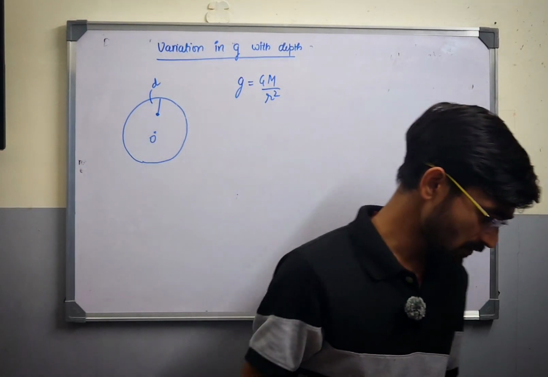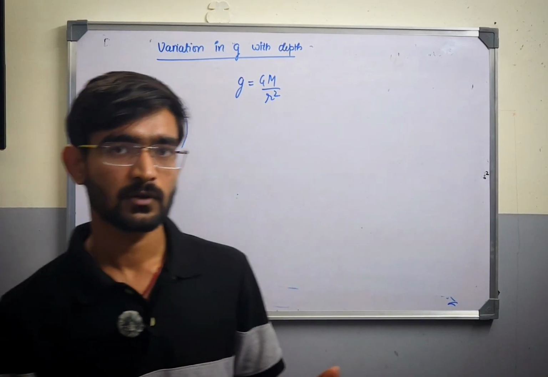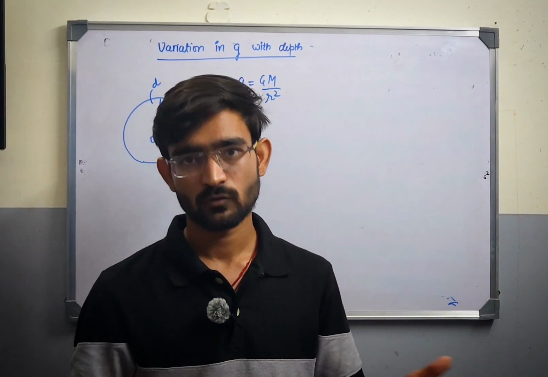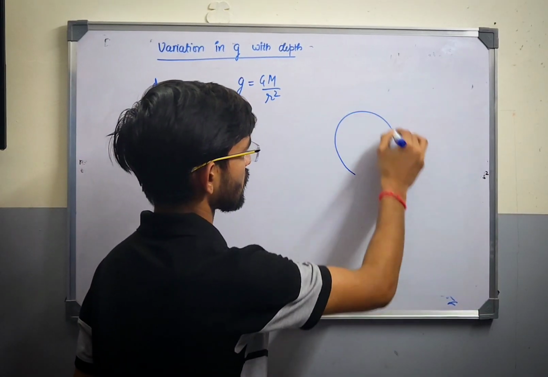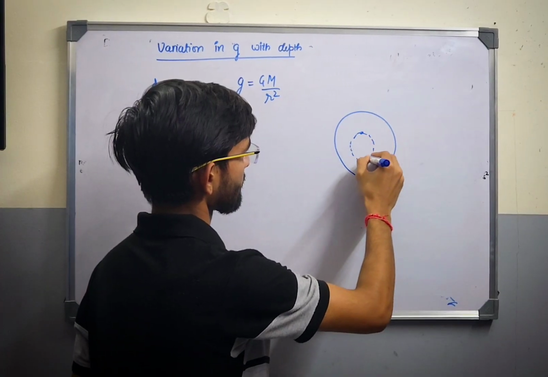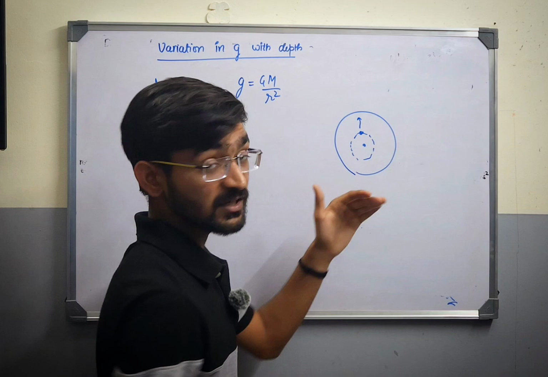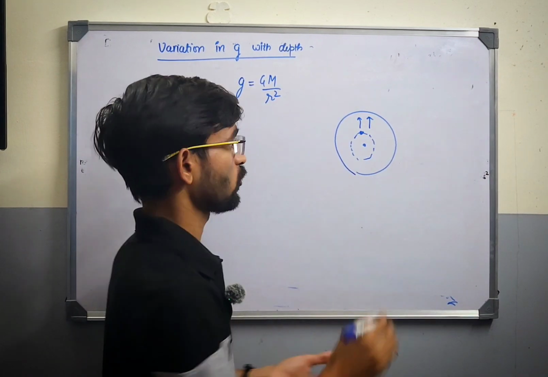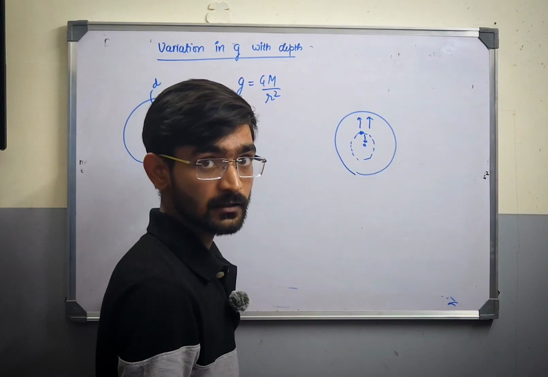This gravitational force or acceleration due to gravity is because of the mass of Earth attracting us towards its center. Now suppose you are at this point, this is the center, so the mass above you will try to pull you in this direction, and the mass below you will try to pull you towards the center.